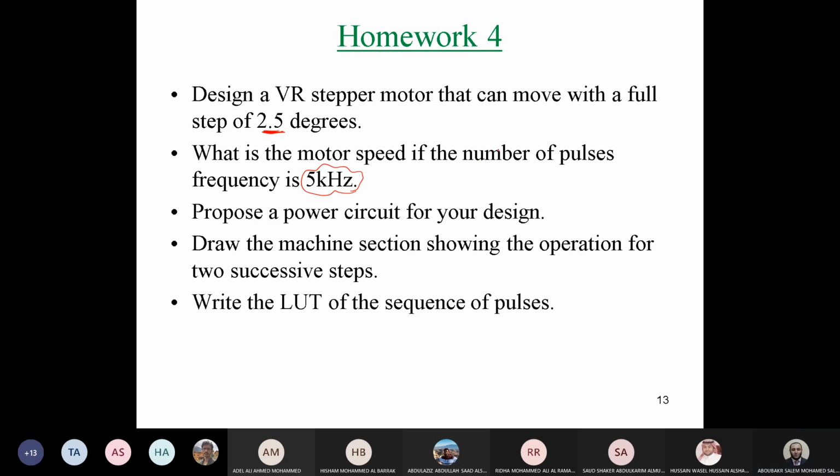Okay. So is it clear, guys? 2 steps mean 2 positions? Yes, 2 steps. It means 2 different positions of course. And it has to be successive steps, according to your schedule, your lookup table. Okay. Guys, is it clear?